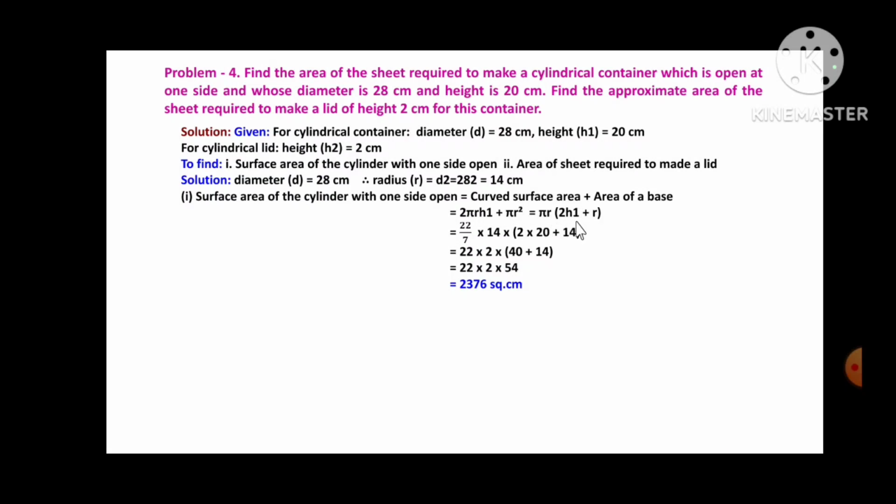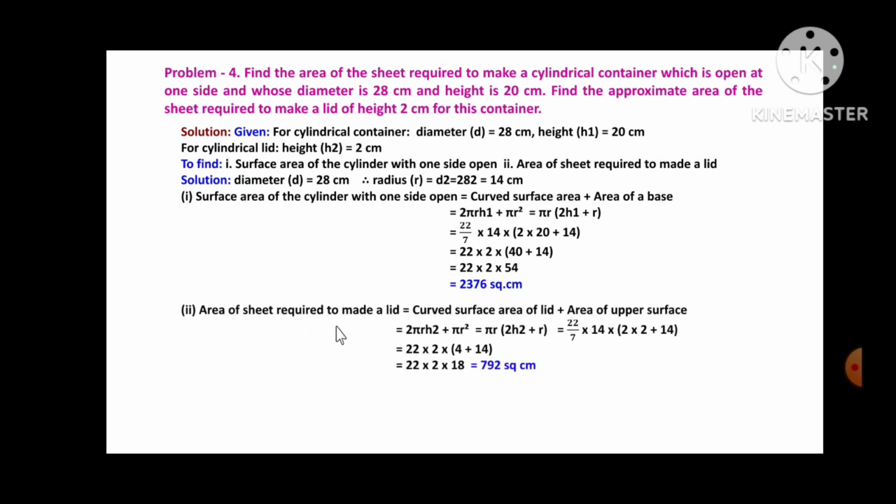So pi r into brackets 2 h1 plus r. 22 upon 7 into 14 into 2 into 20 plus this 14. So 22 into 2 into 40 plus 14. So friends, here 22 into 2 into 54, that leads to 2376 square centimeter.